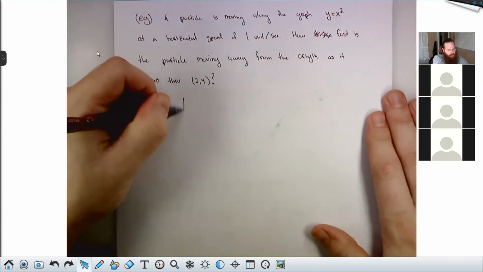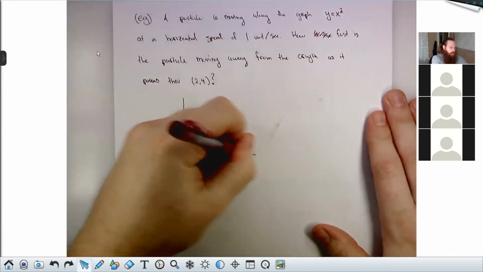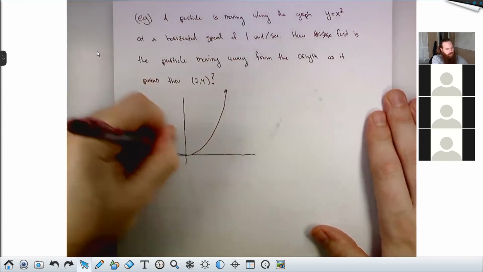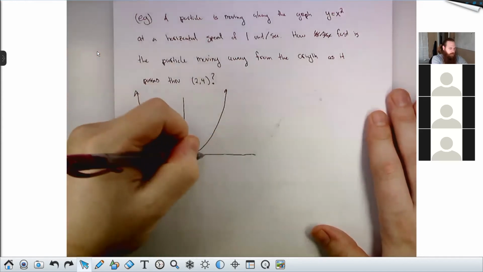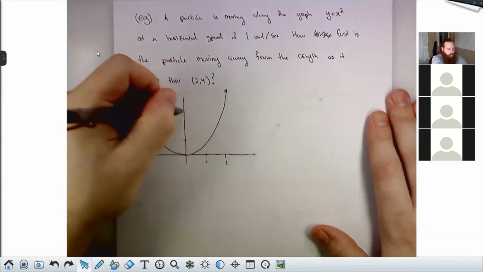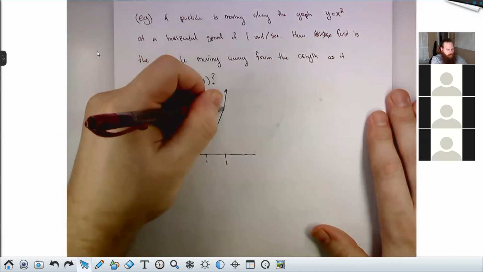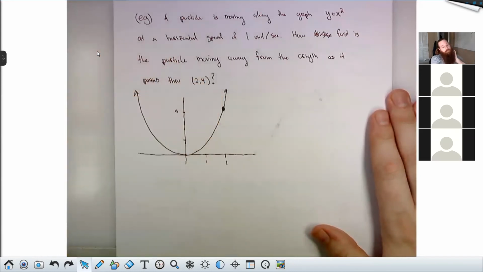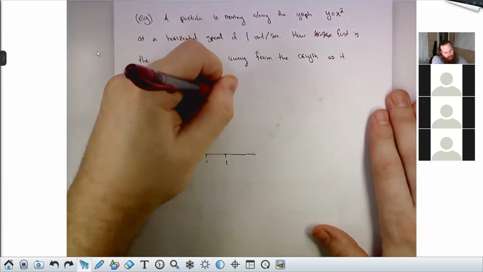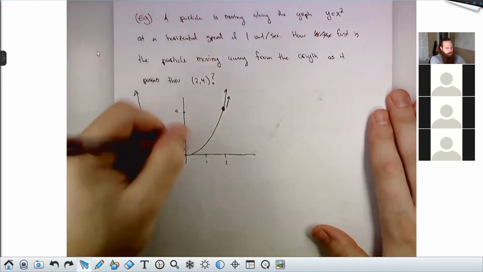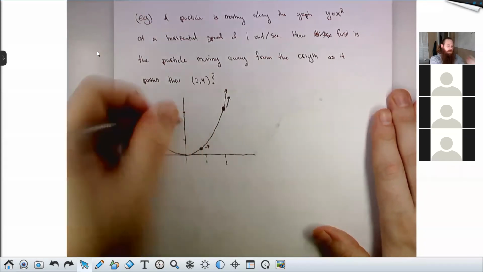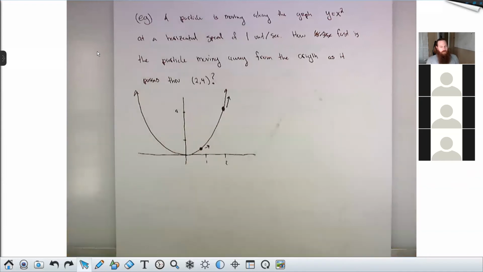So my picture here: here's y equals x squared. Here's (1, 1). Here's (2, 4). I'm moving away from the origin, right? I'm moving left to right. Maybe I started somewhere over here, and I'm traveling along this graph.